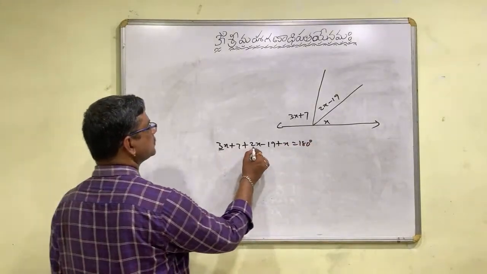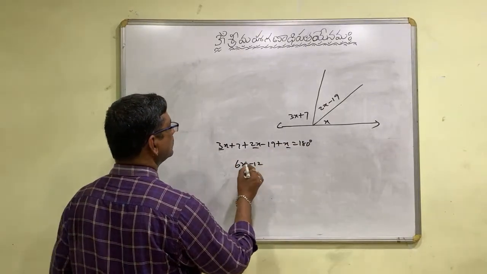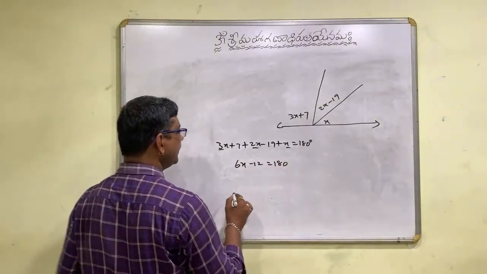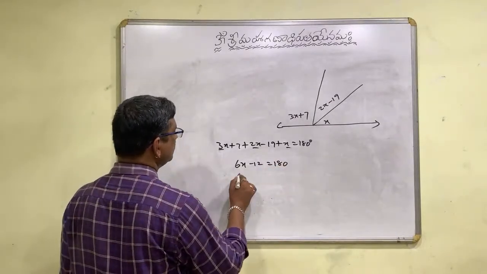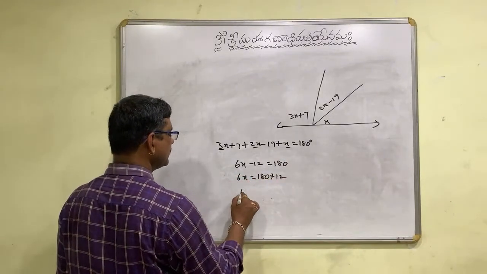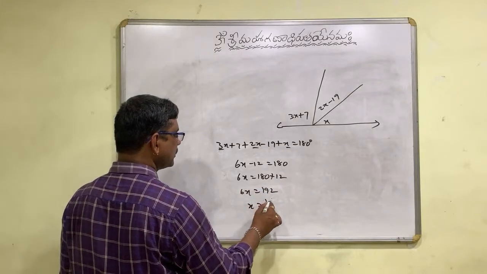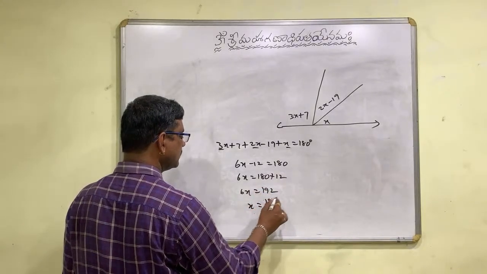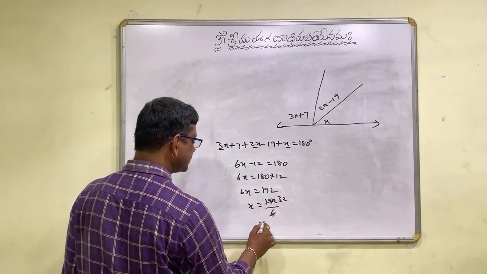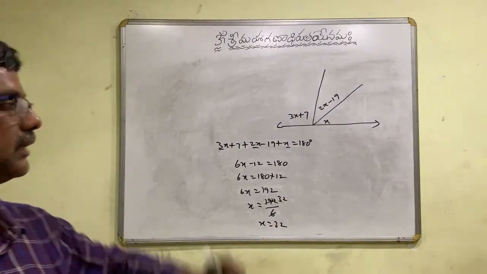So 3x plus 2x is 5x, plus x is 6x, and 7 minus 19 is minus 12, so 6x minus 12 is equal to 180. 6x is equal to 180 plus 12, 192. X is equal to 192 by 6. 6 threes are 18, 6 twos are 12, so we got 32. X is 32.